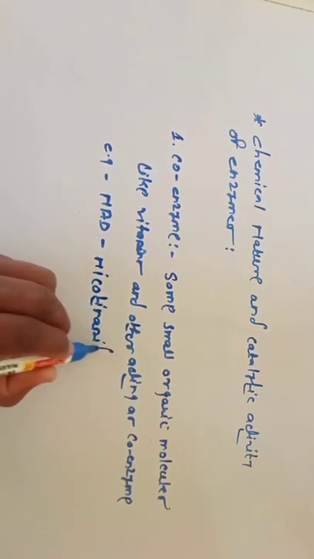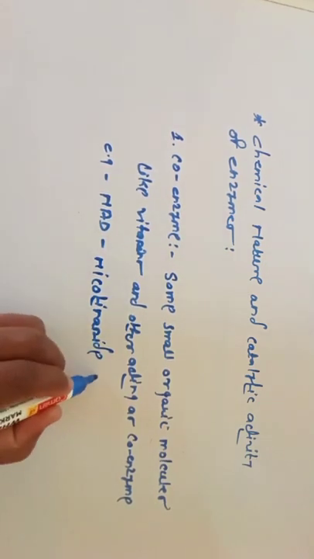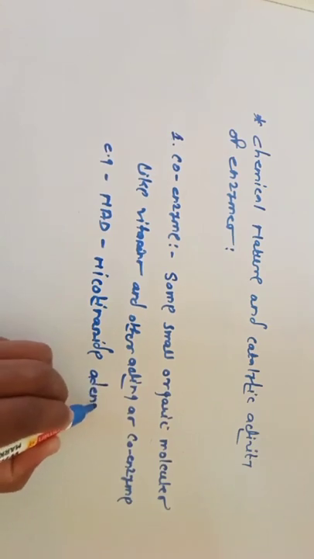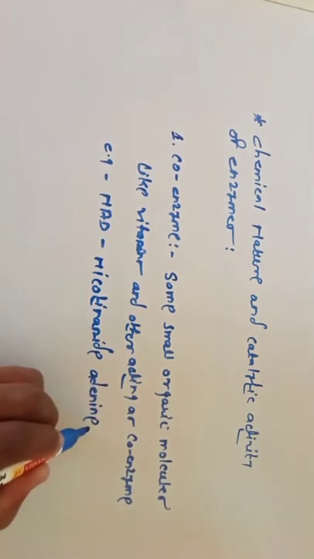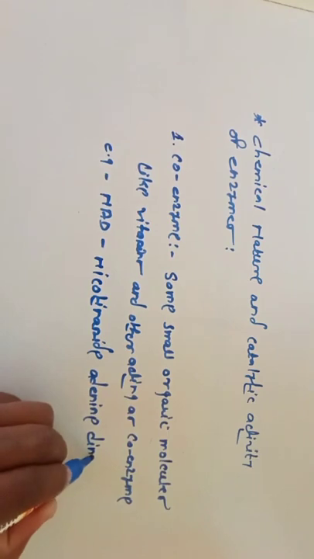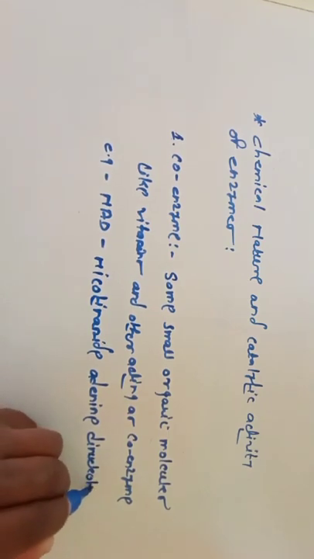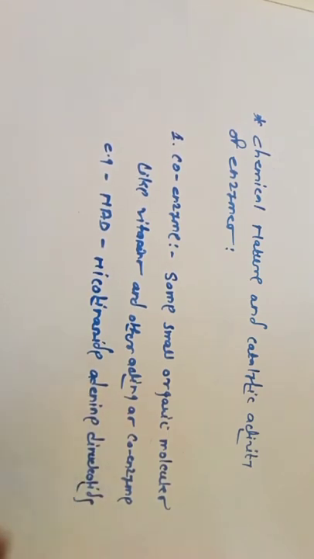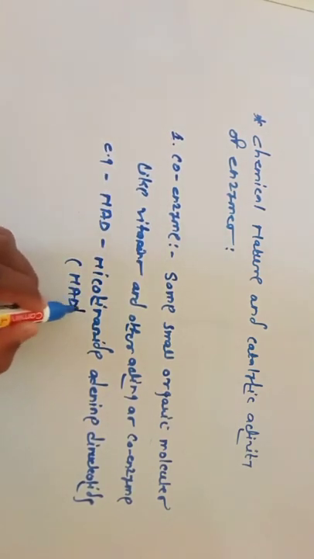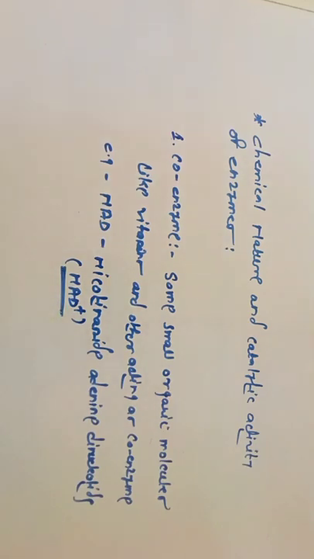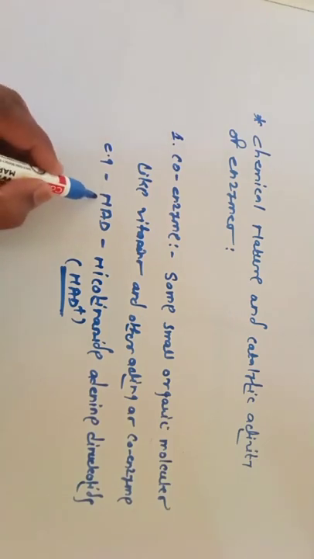It is denoted as NAD positive. So this is a coenzyme and it is important in oxidoreductase enzymes. So this is your coenzyme, this NAD.